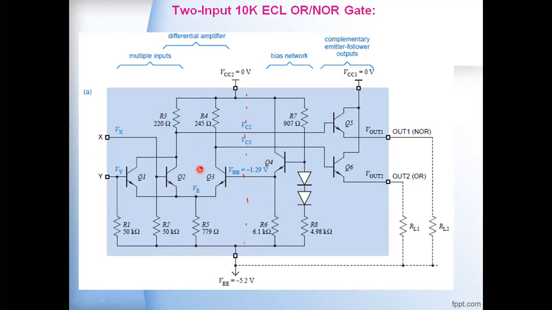But now see here, we have an extra circuit which is called the bias network. And the second one, if you see here, is the complementary emitter follower output.